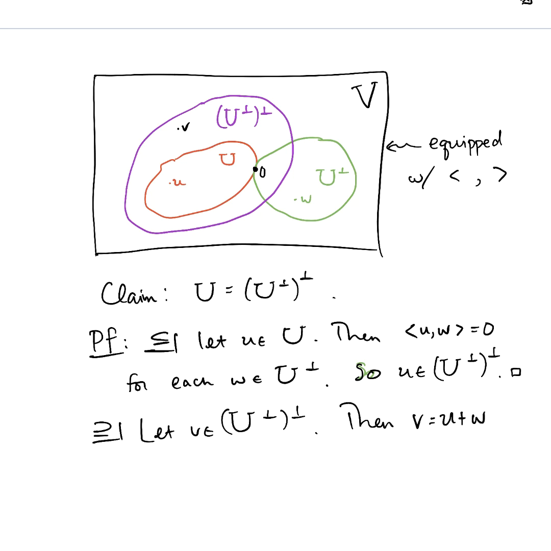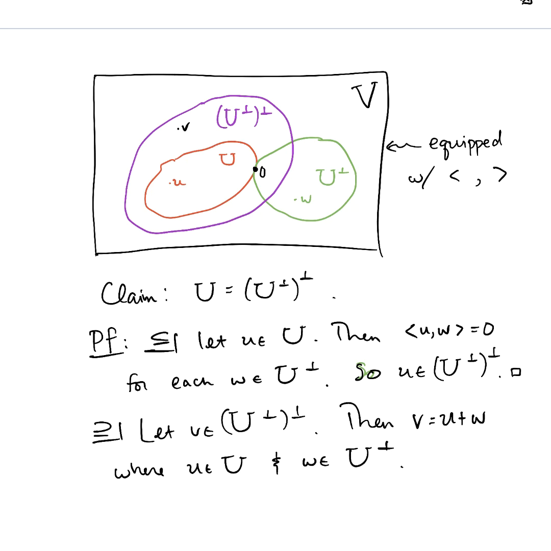I'll use U and W again, where U belongs to the red and W belongs to the green. We know that it's possible to express V as a sum, something from red plus something from green.